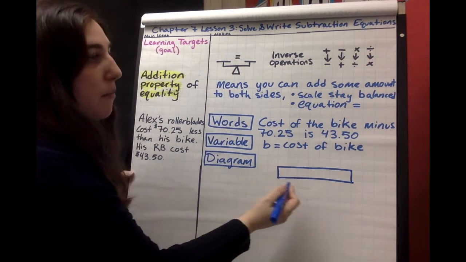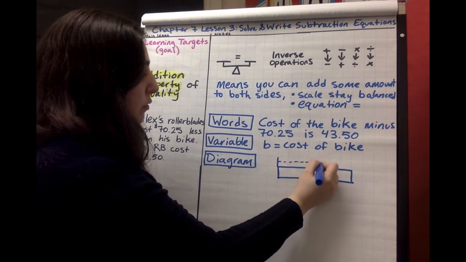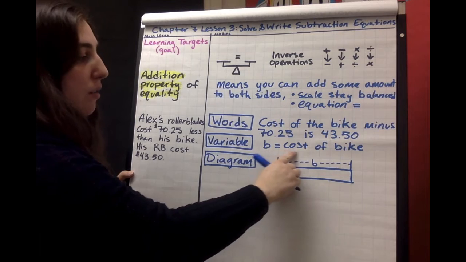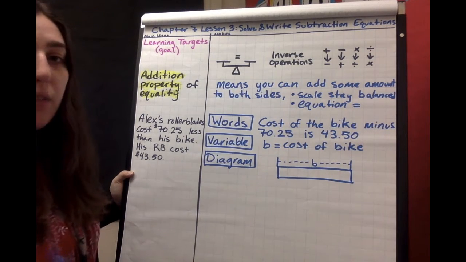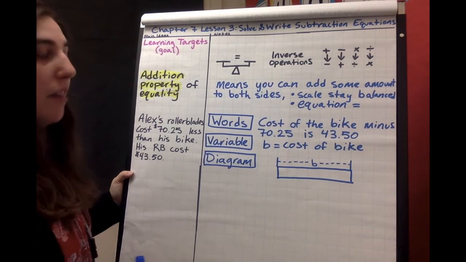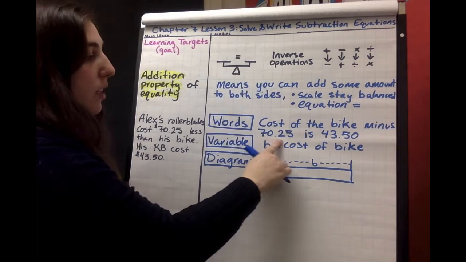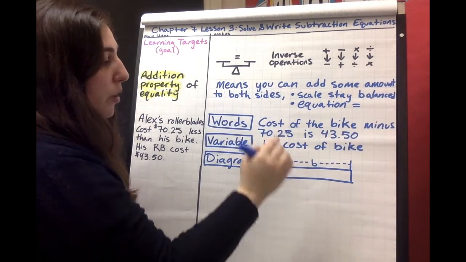And this diagram, okay, the whole thing represents B. And if I look at what B means, B equals cost of bike. So this whole thing is the cost of the bike. And I know that the cost of the bike minus 70.25.